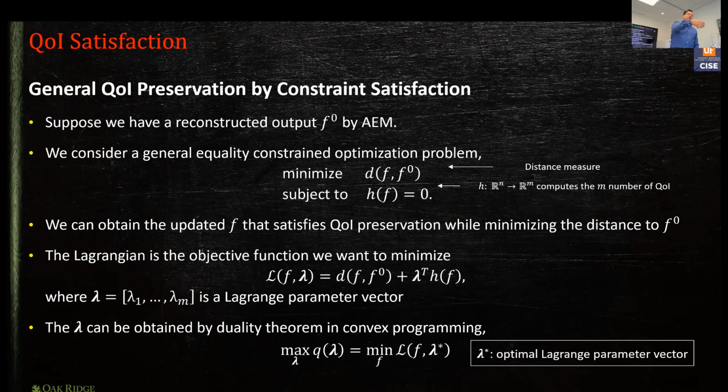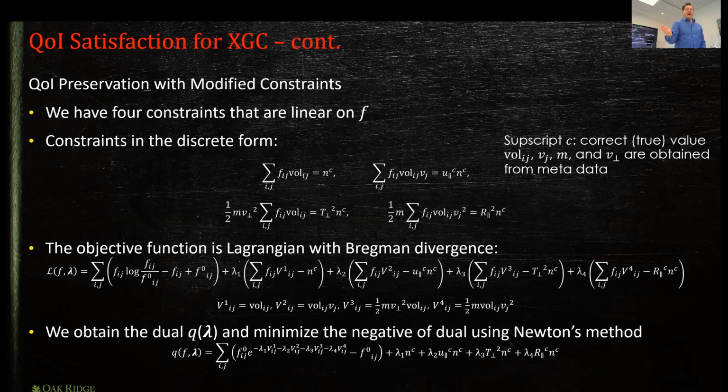From that, along with the data reduced from MGARD, that's what we need to reconstruct. Because we're optimizing that, we can give you the error bounds. This is just going through the mathematics, which I'm not going to say I understand all of, but this is some of the mathematics in the optimization problem.